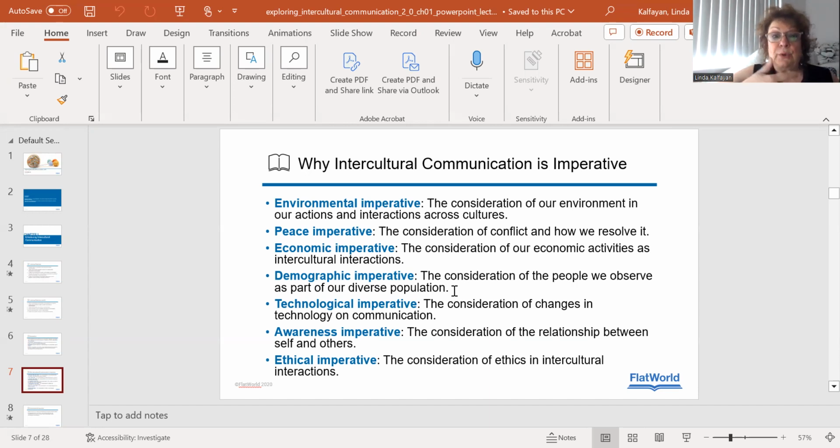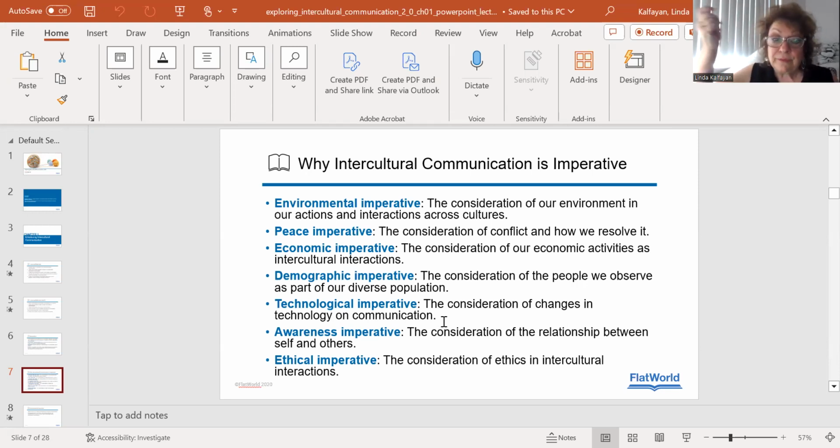So again, we have deserts, not like a food desert. So certain areas, perhaps in a city, may lack the ability to have fresh fruit and vegetables. So that's all demographic according to the population within that community. Technologically imperative, the consideration of changes in technology on communication.